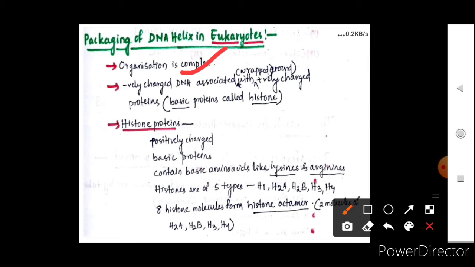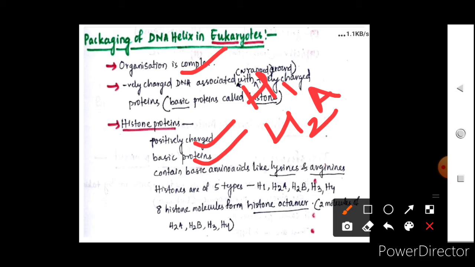Histone proteins are positively charged, so DNA can wrap around them because unlike charges attract each other. They are basic proteins and they contain basic amino acids, that is lysine and arginine, which in total make the charge of the protein positive.